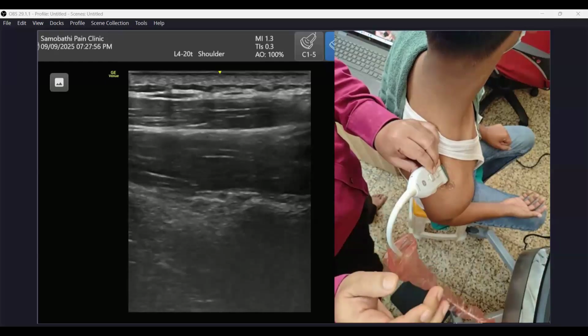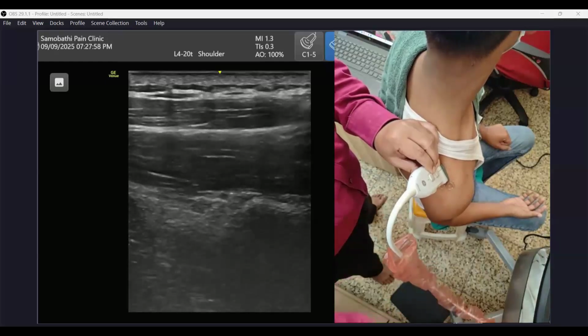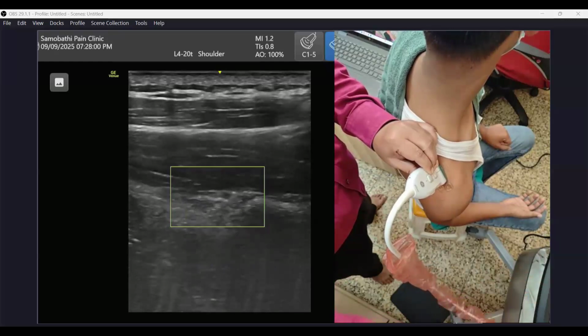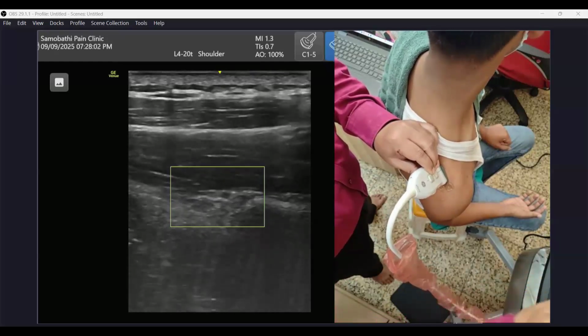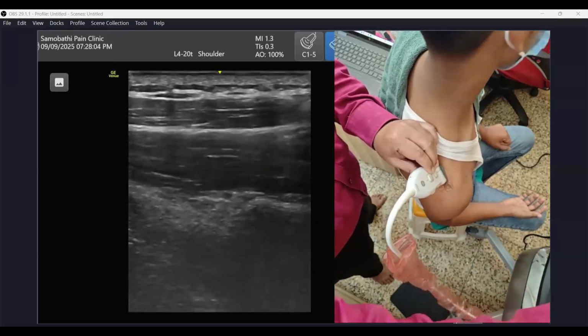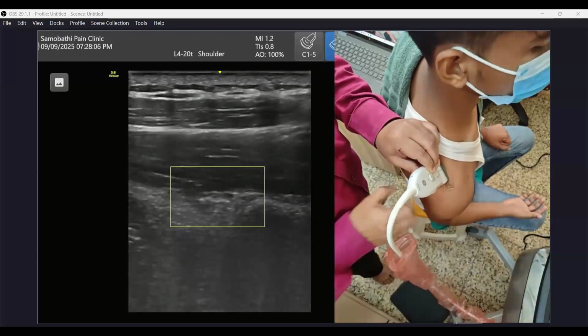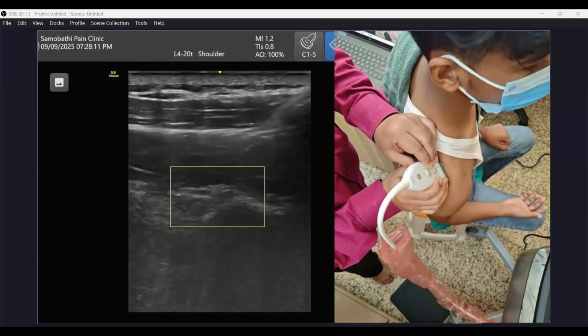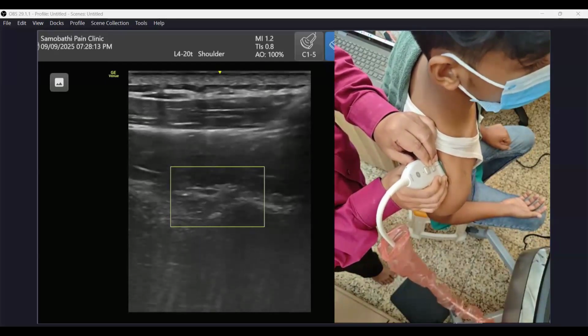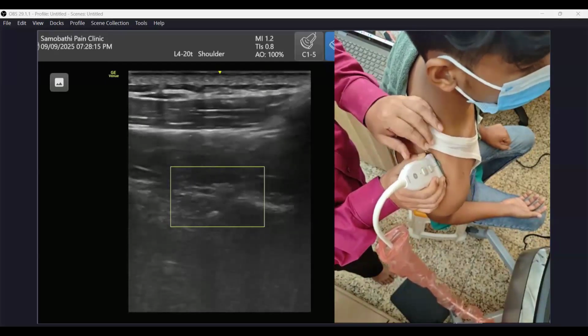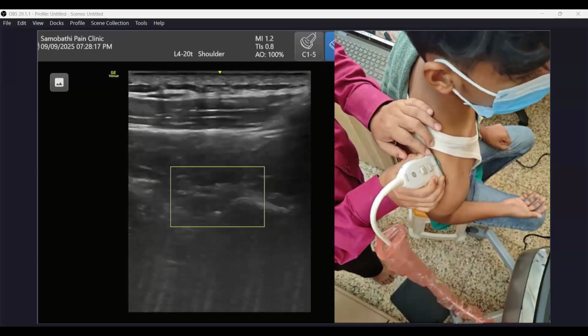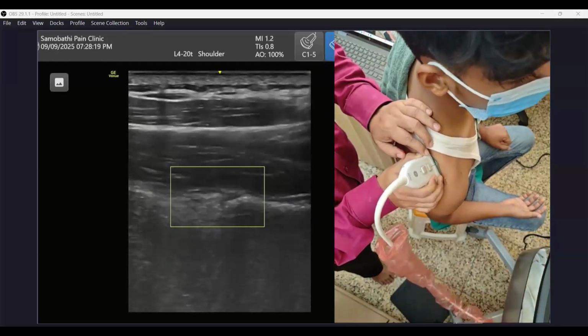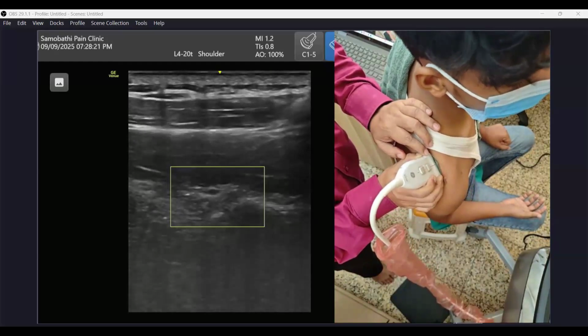Can you see in the middle part there is a vessel? Color is very difficult, but we can see with our naked eye that it is pulsating. So what is pulsating here? It doesn't take color.